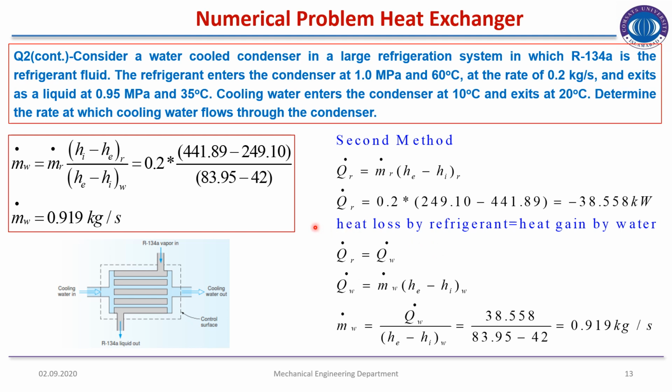Heat loss by the refrigerant will be equal to the heat gain by the water, because that is an adiabatic process. Therefore no heat will be lost to the atmosphere or the surroundings. So all the heat lost by the refrigerant will be equal to the heat gained by the water, so the heat transfer rate will be the same. Therefore the mass flow rate of water can be found. That is the second method, and in the previous slide we discussed the first method. You can solve the numerical with the help of both methods.